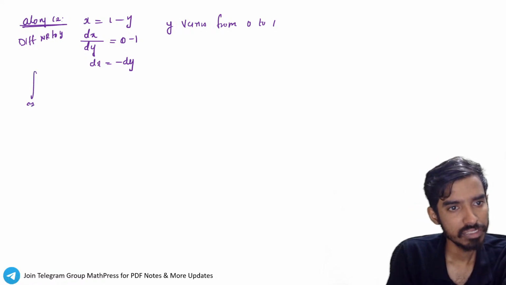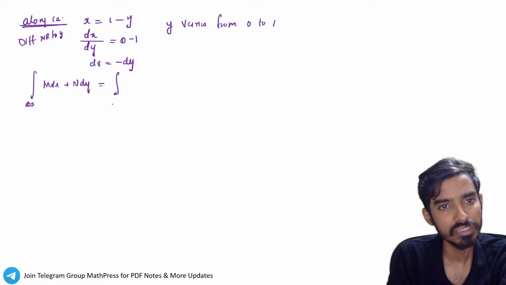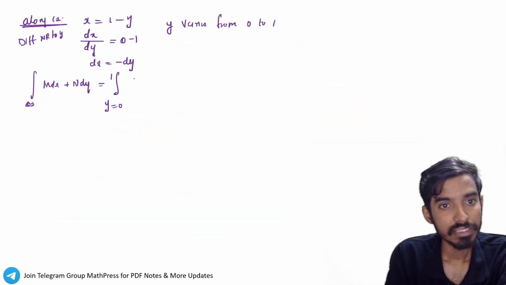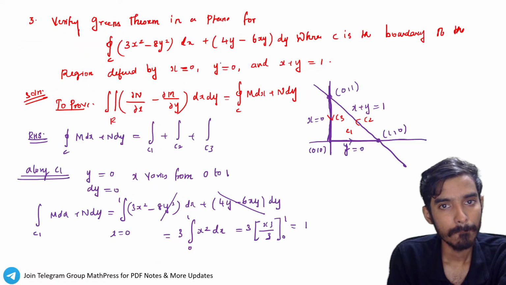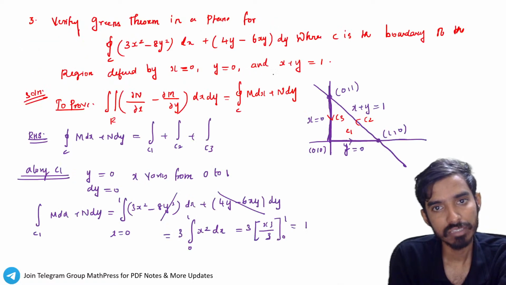So the integral over C2 of m dx plus n dy will be, with y varying from 0 to 1, the integral of (3x square minus 8y square) dx plus (4y minus 6xy) dy.